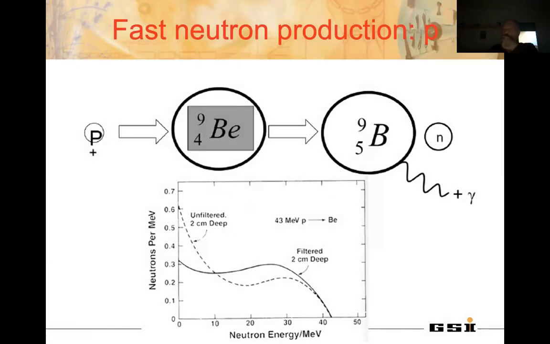The other way that you can do instead is using protons on beryllium, and in this case you see that the neutron energy will have this kind of spectrum here. Again, there are no gantries for neutrons, so generally the patients are irradiated in a sitting position.